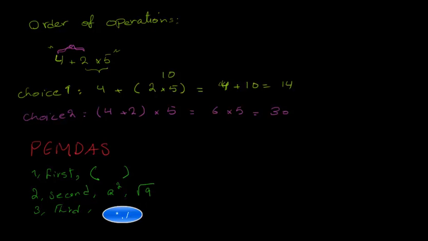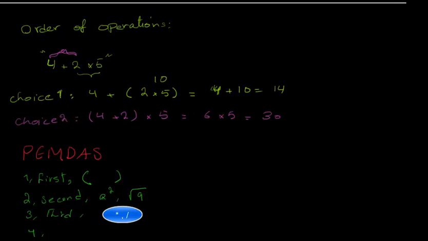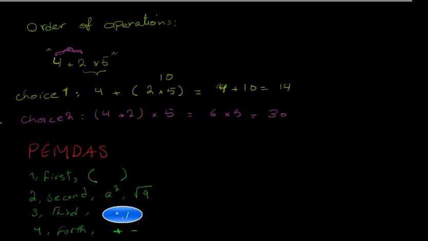So we do multiplication and division. And fourth, from left to right, we do all the addition and subtraction. So fourth is all the addition and subtraction. Let me first clear the board and then we can do some practice. Put the PEMDAS here and then start simplifying some numbers.